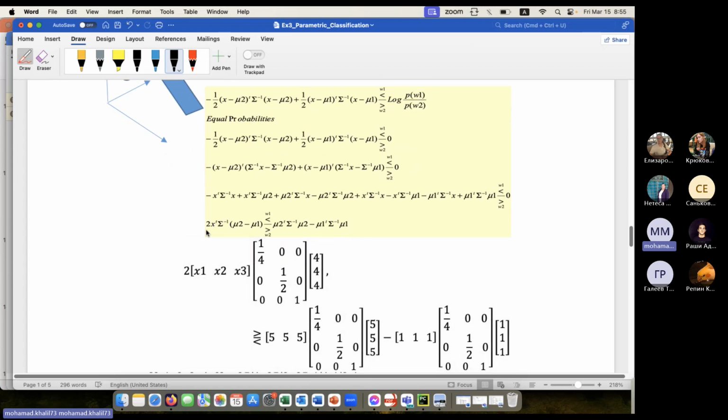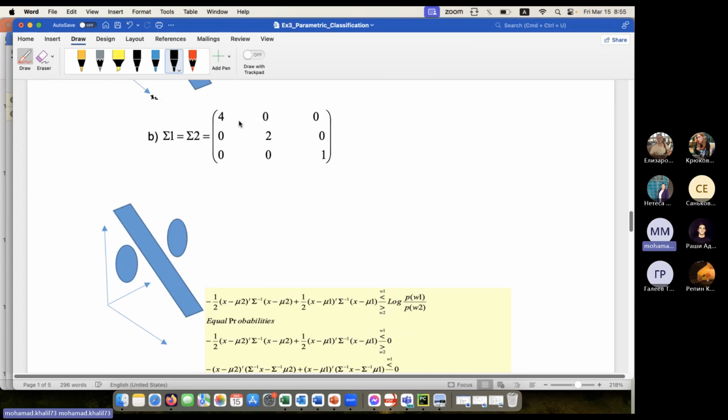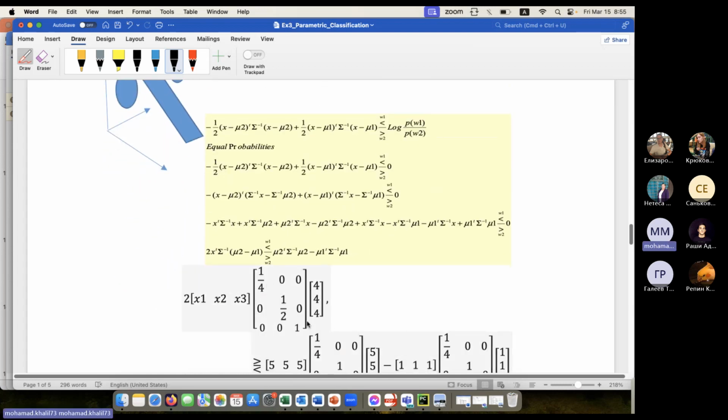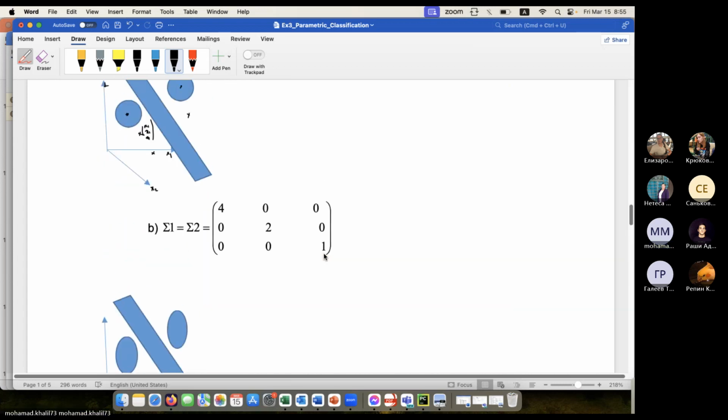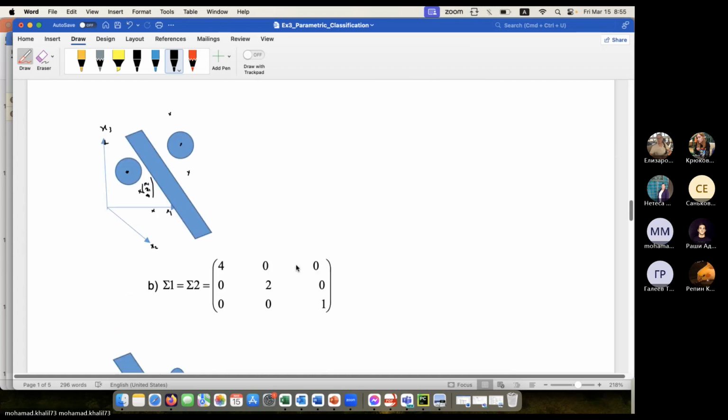X transpose, that means one row: x1, x2, x3. Sigma minus 1. What is sigma? This is sigma. So what is sigma minus 1? 1 over 4, 1 over 2, 1. What is mu2 minus mu1? It is 4, 4, 4, because mu2 is 5, 5, 5 and mu1 is 1, 1, 1, so 5 minus 1 is 4. Great.